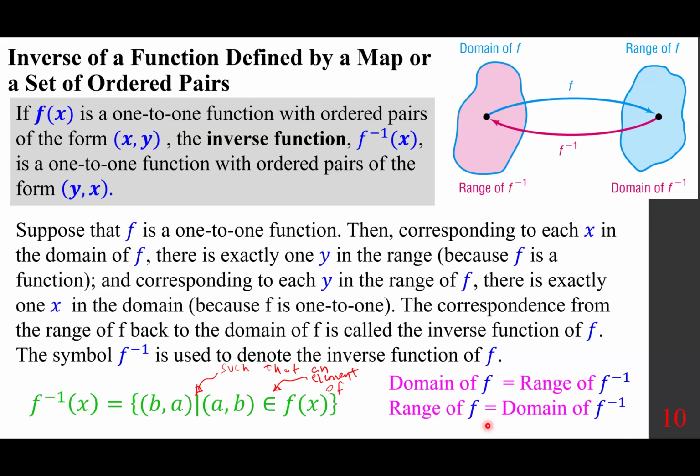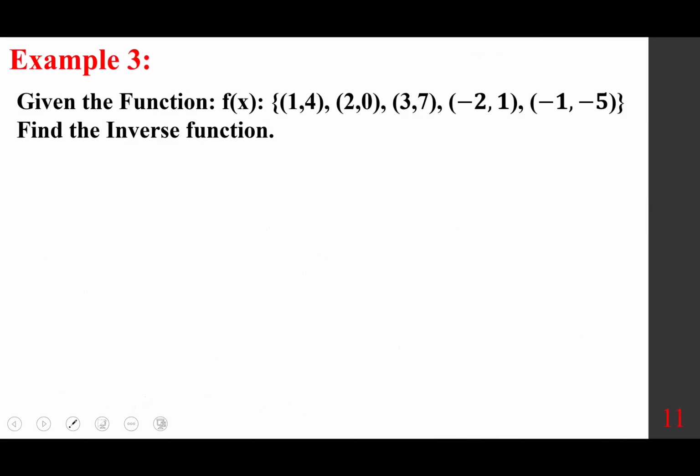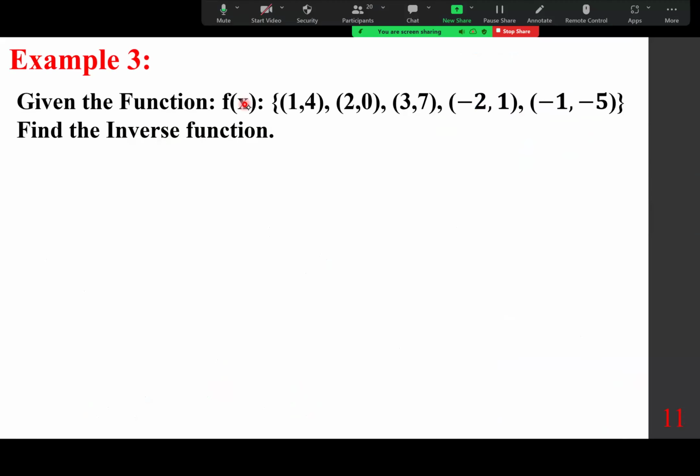So very straightforward. We had seen this stuff and hopefully it's coming back to us. Given the function f of x: (1, 4), (2, 0), (3, 7), (-2, 1), (-1, -5), find the inverse function.